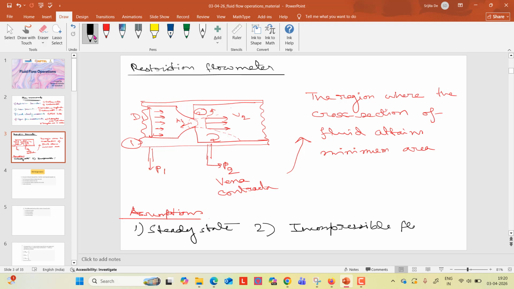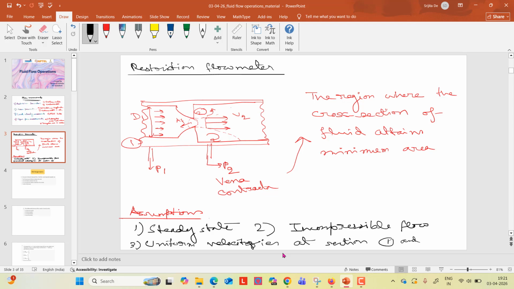That means the density doesn't change much with time and space, right? Third one is uniform velocity at sections 1 and 2. That means in this section and in this section the velocity is uniform.